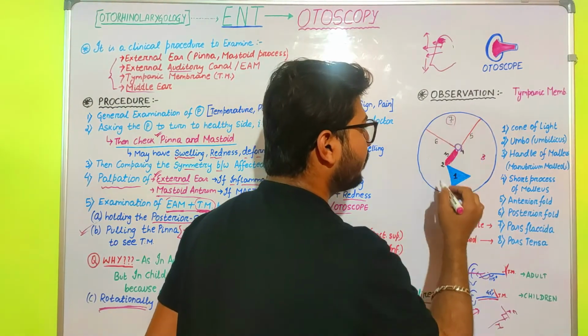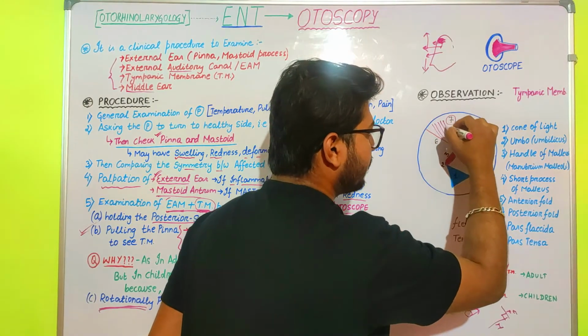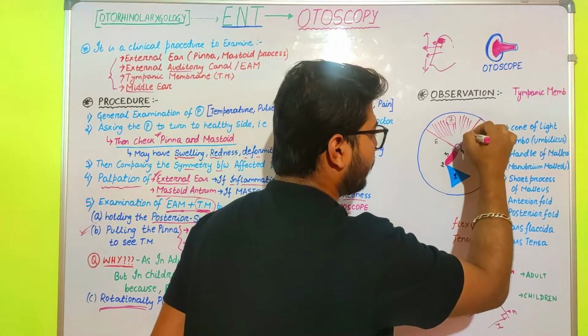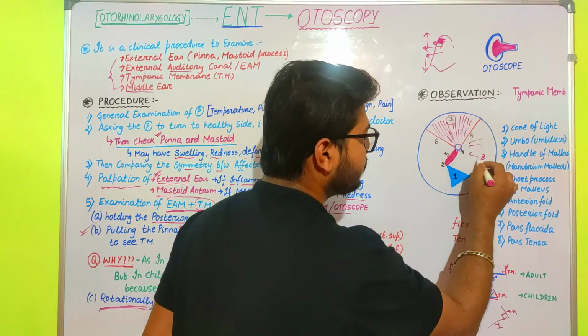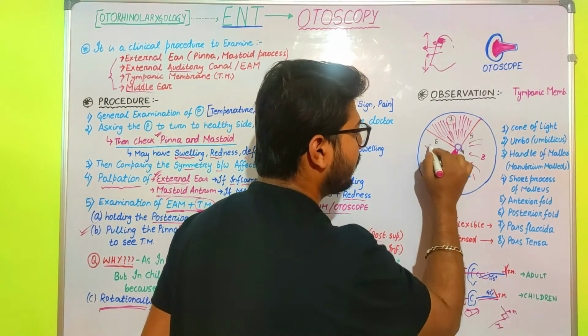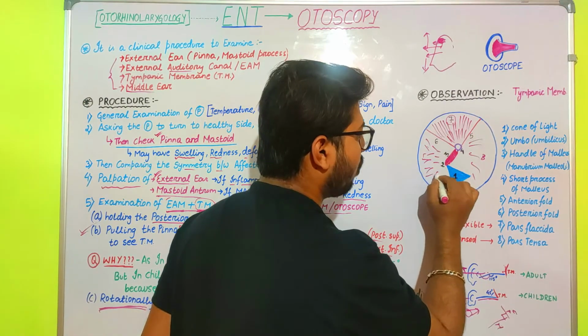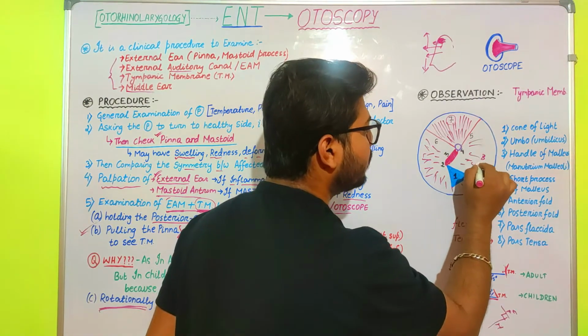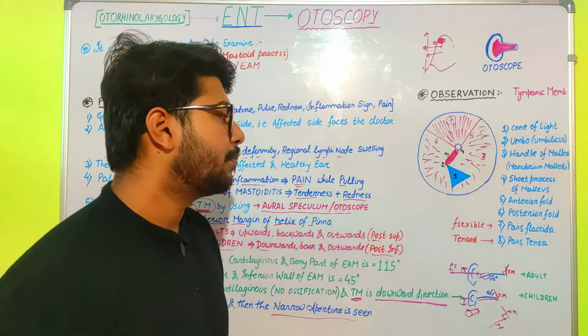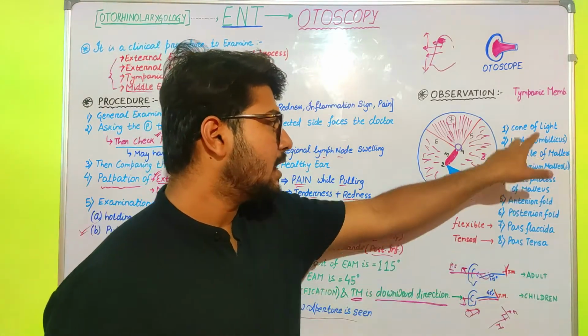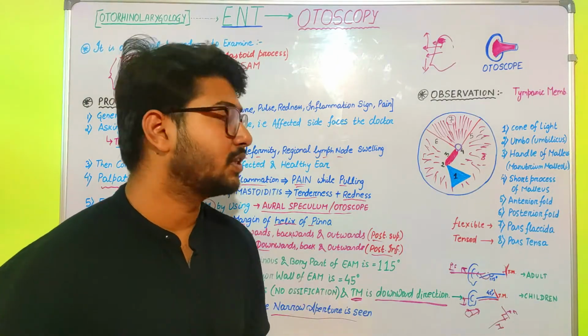One is the flaccid part, or pars flaccida, of the tympanic membrane, and the rest is the tense part. So these are the two important structures in the tympanic membrane.